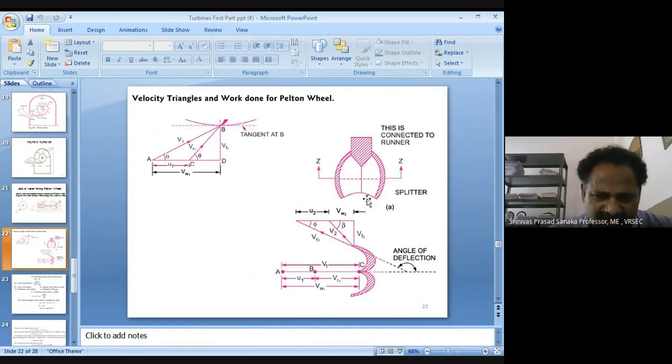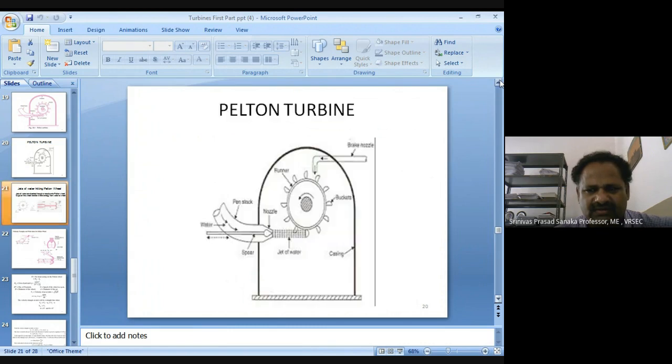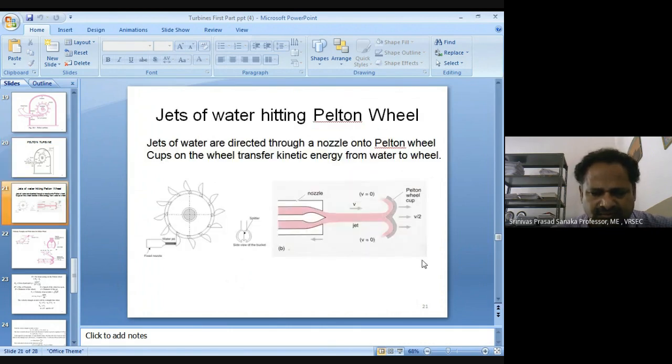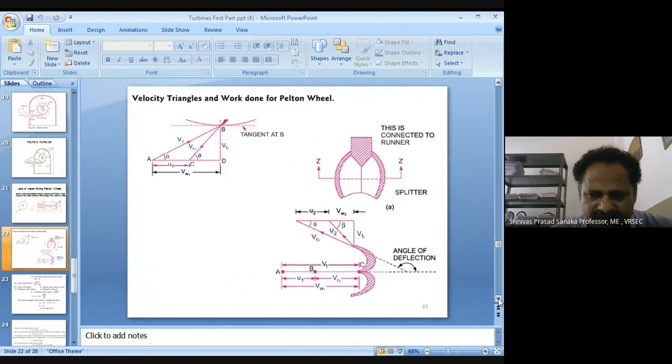This vertical line is the location of the splitter. The jet first hits the splitter, then it splits into two halves as shown earlier. See here in pink color, it is split into the two halves.